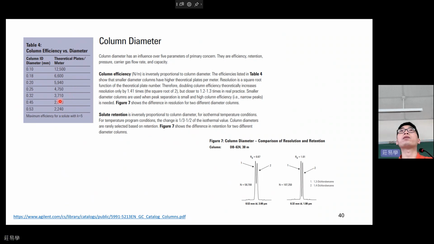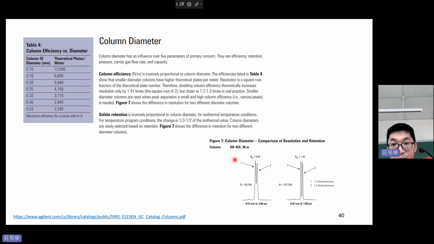A lower theoretical plate number means the capability of the column to produce narrow peaks is weaker. Anyway, the larger the number, the better the efficiency of the column. So from this table, you see that as you increase the inner diameter of your column, you lower the theoretical plate number.